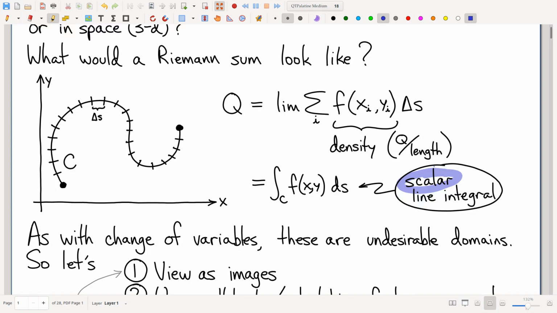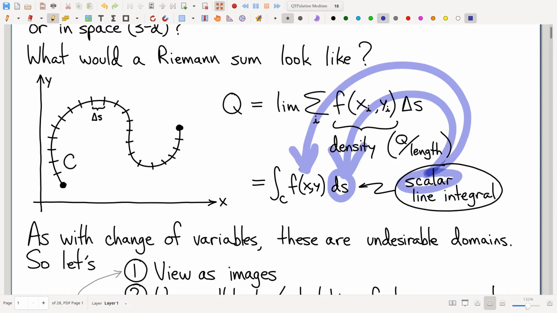But to distinguish it from that other thing, scalar is a reference to the fact that the differential and the integrand are both scalars. And as you might suspect, the new kind of line integral we're going to see next week, these are not scalars. And it's weird. But it comes up very naturally and it's very useful. Okay, we'll draw the line right there.